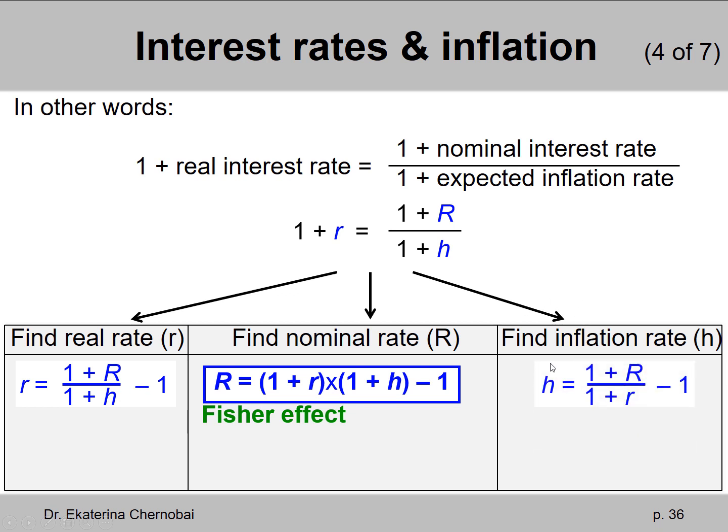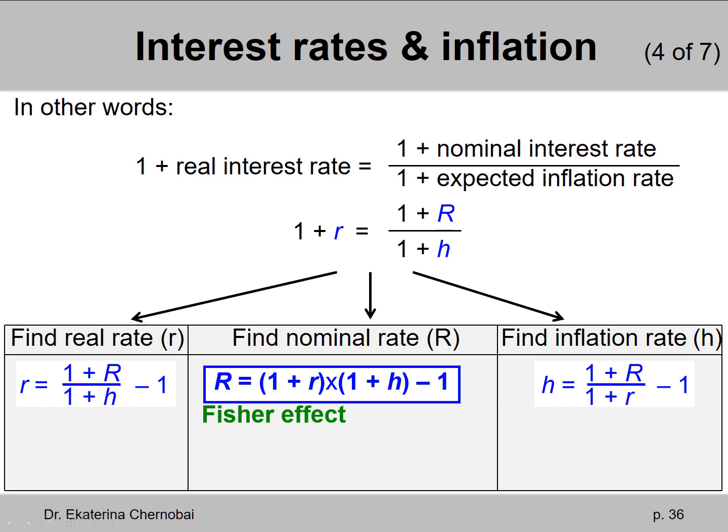If instead you want to solve for the inflation rate, lowercase h, then you also have a fraction with 1 plus capital R, the nominal rate, in the numerator, and in the denominator you have 1 plus lowercase r, or the real interest rate. And then you subtract 1 from the whole thing.